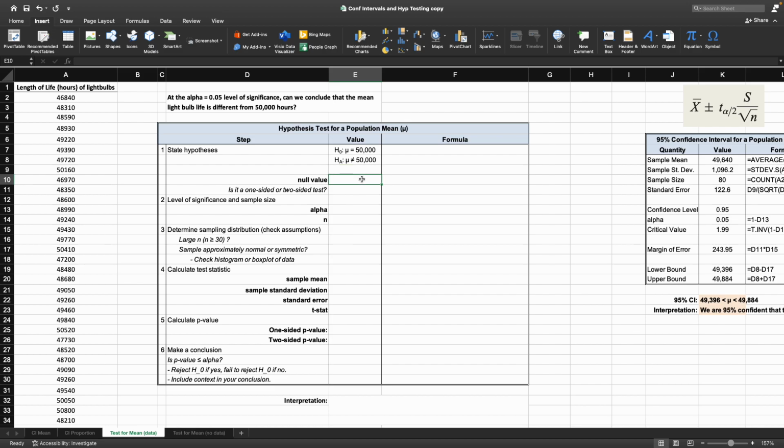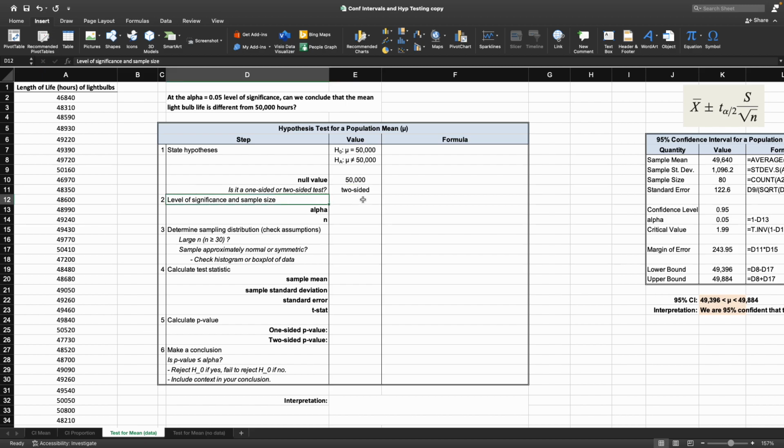Okay. So what's our null value here? Well, it's just whatever the hypothesized value is. So this is going to be 50,000. Is this a one-sided or a two-sided test? Well, our hypotheses are equal to and not equal to, so we're interested in values greater or below 50,000. So this is going to be two-sided.